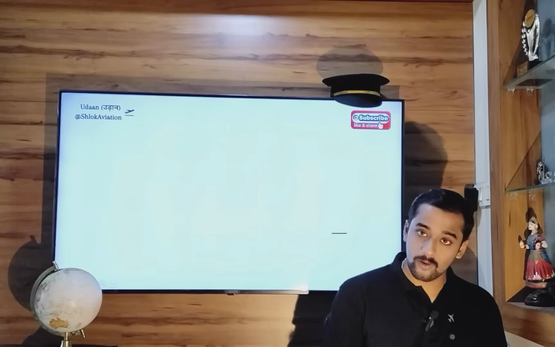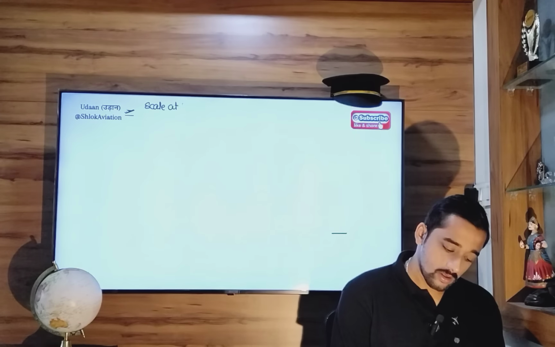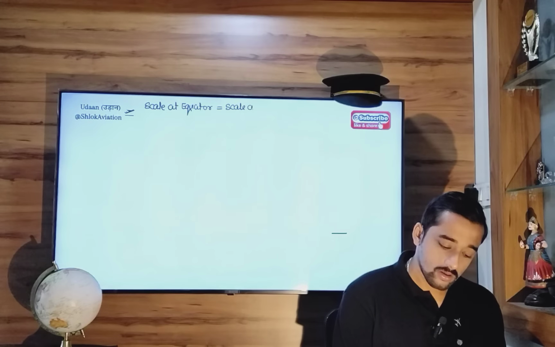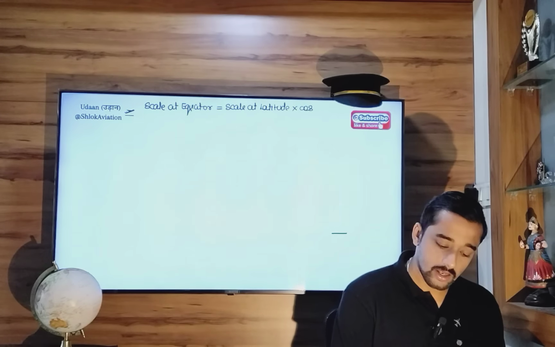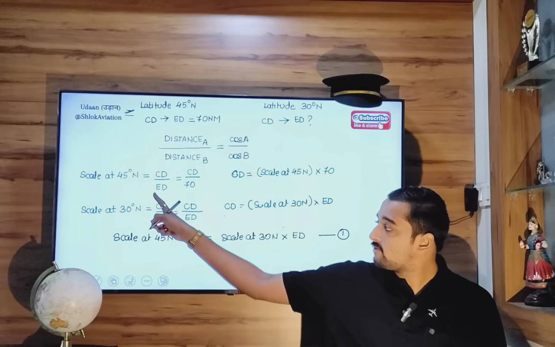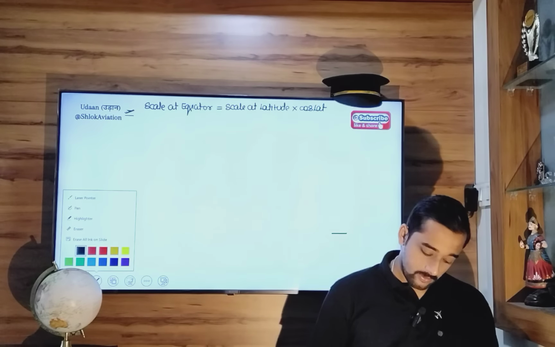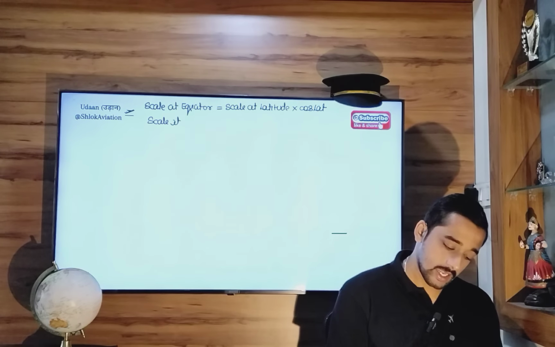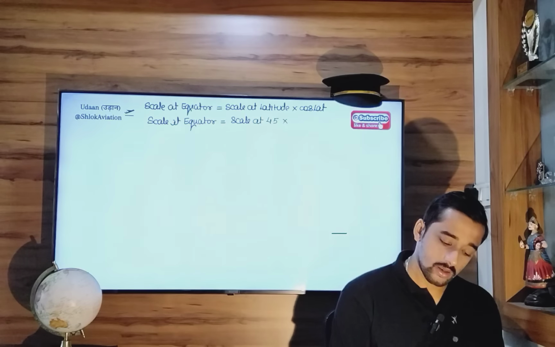Now there is another formula that we checked in the previous video lecture. Scale at equator is equal to scale at any latitude into cos of that latitude. So for 45 degree north, scale at equator equals scale at 45 north into cos 45.